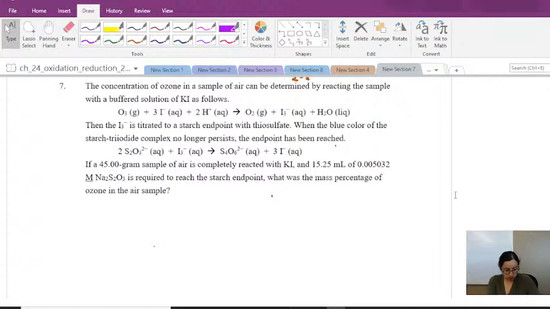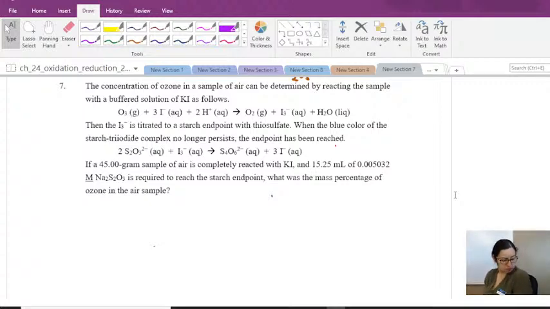45 grams. Okay, so 45 grams sample here. 0.0525 liters. Okay.